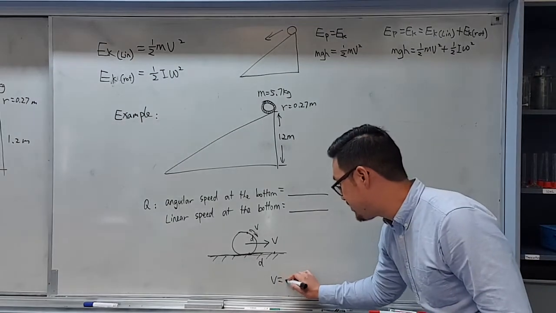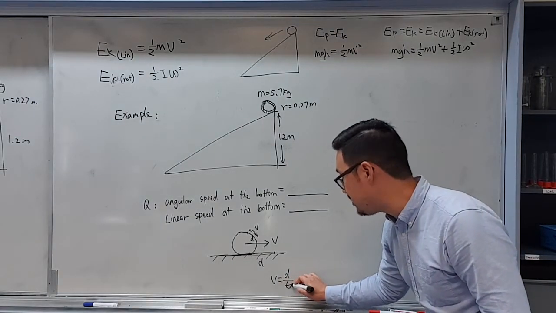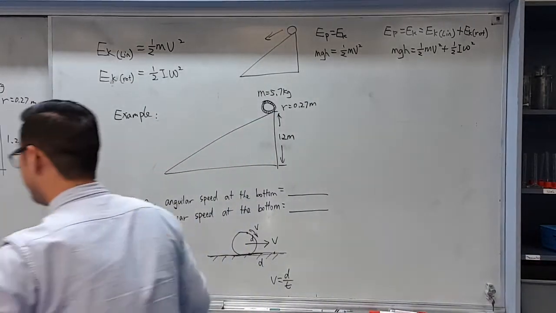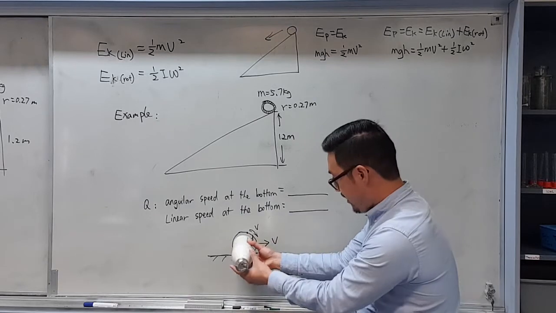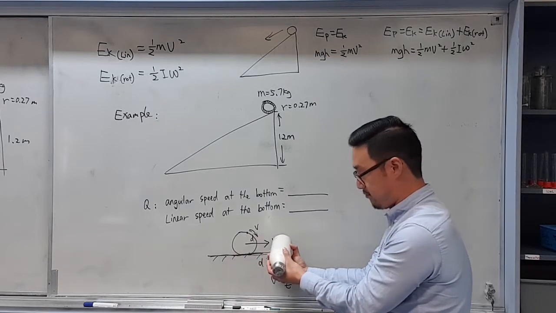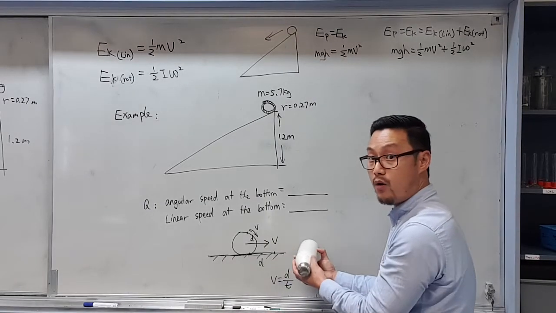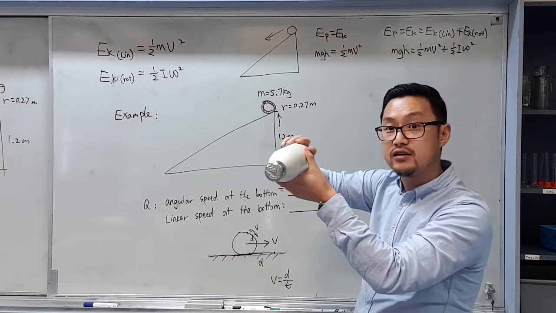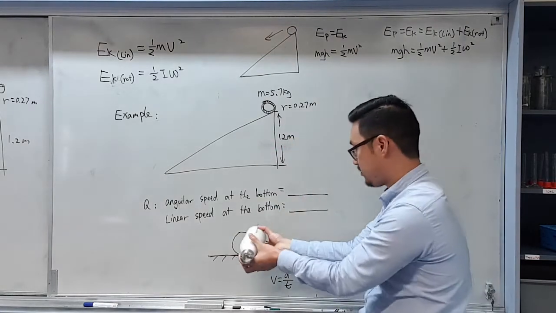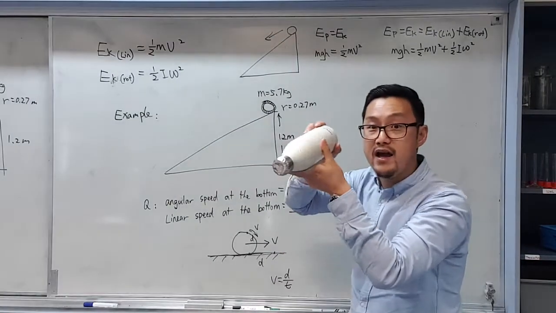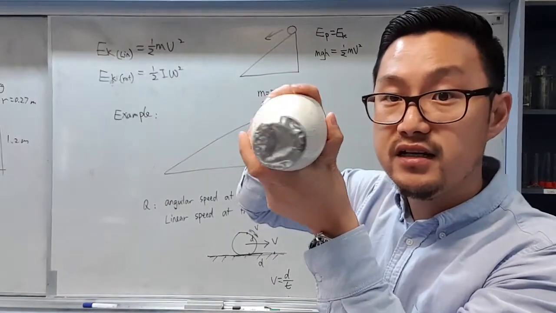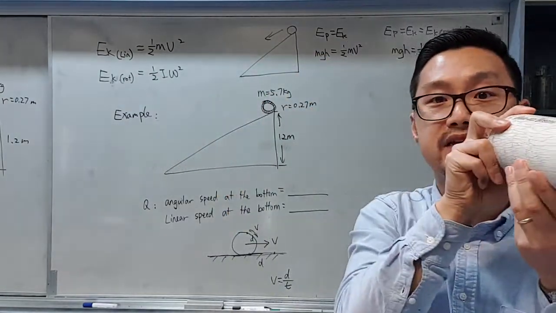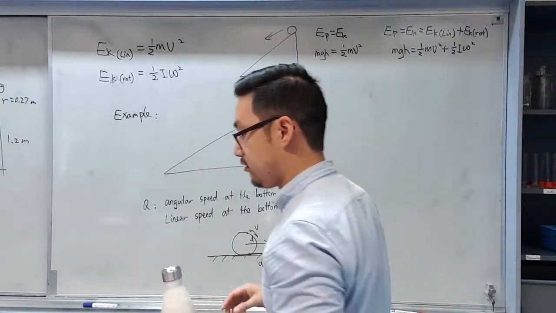Because v equals distance divided by t, if the ball moves forward 1 meter, any point on the outside rotates 1 meter too. That's why the rotational speed of any point on the outside equals the speed going forward.